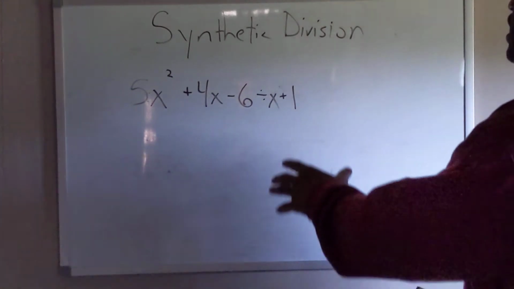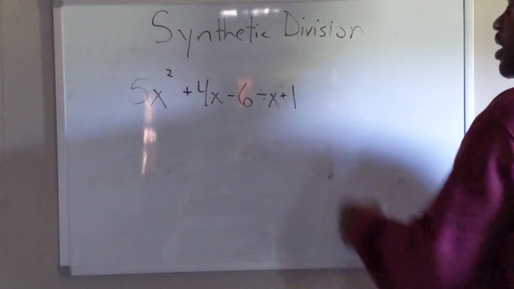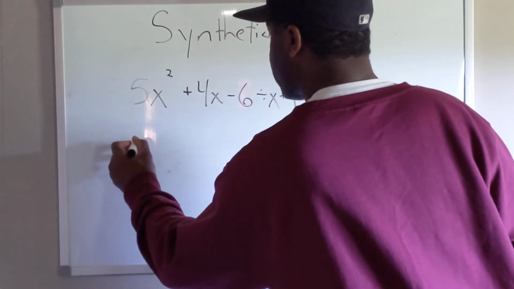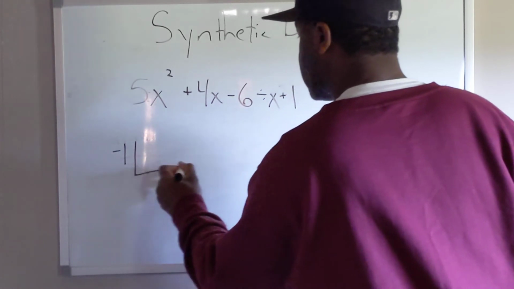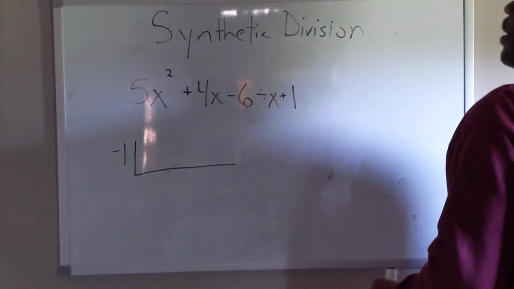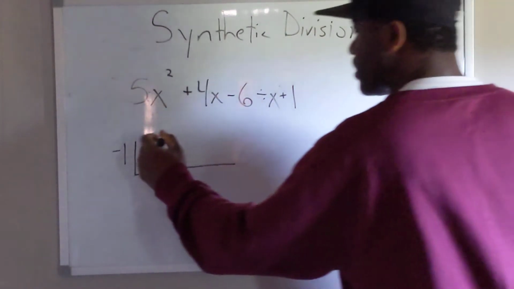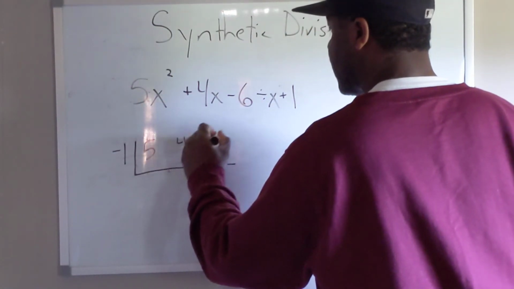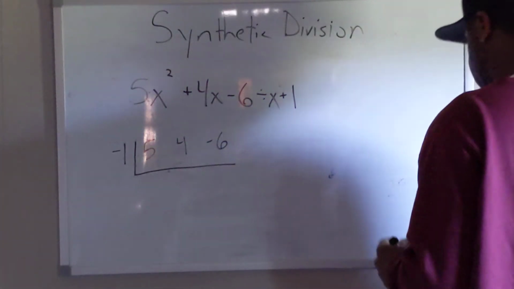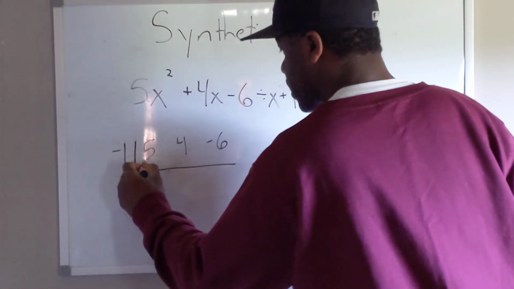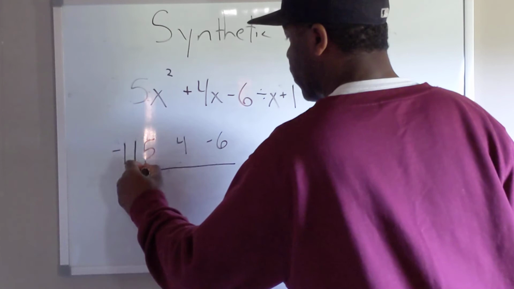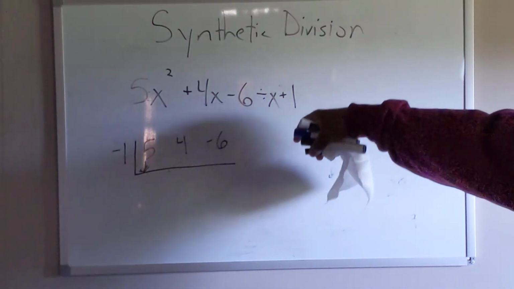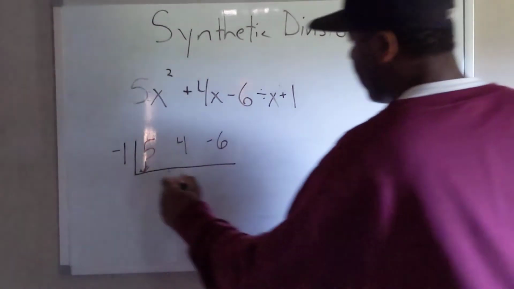So now, since we're dividing this by x plus 1, we need to bring out a negative 1. Our coefficients are 5, 4, and negative 6. We drop the 5.